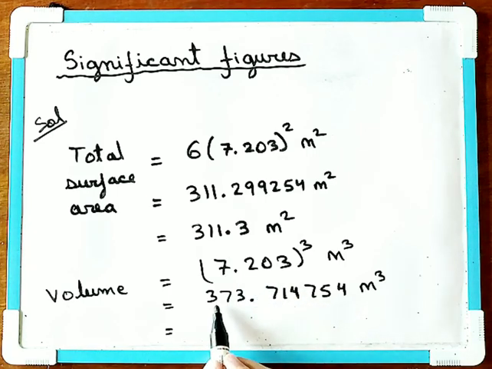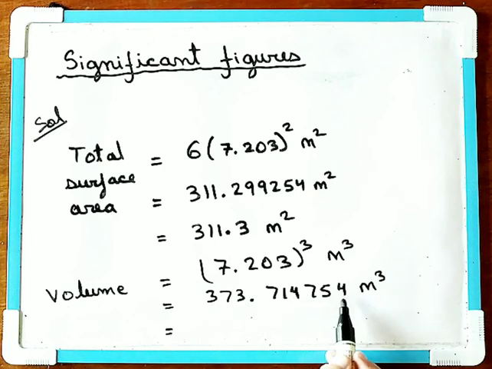Here we have 1, 2, 3, 4, 5, 6, 7, 8, 9. Again, we'll have to round this 9 significant figures into 4.